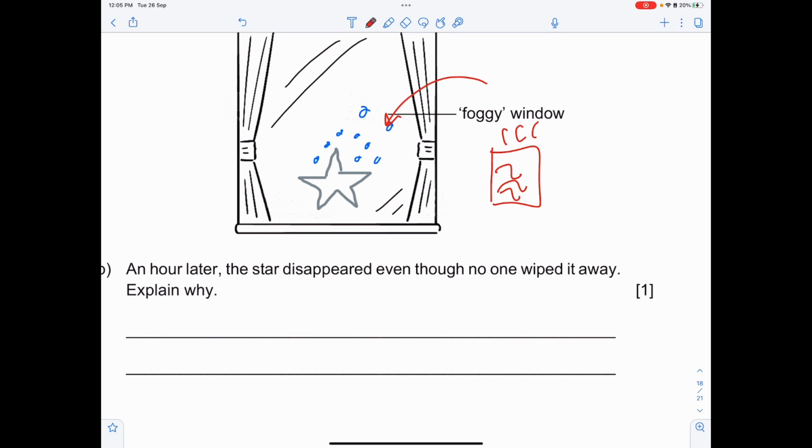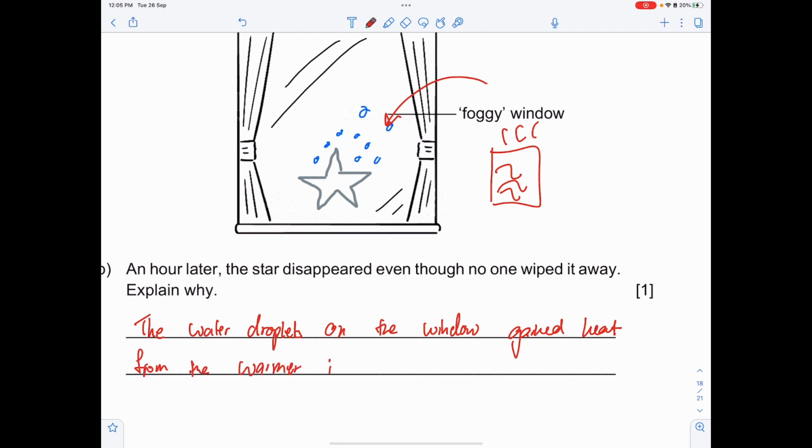So how can we pen this down? The water droplets on the window gained heat from the warmer inner surrounding of the bus and evaporated.